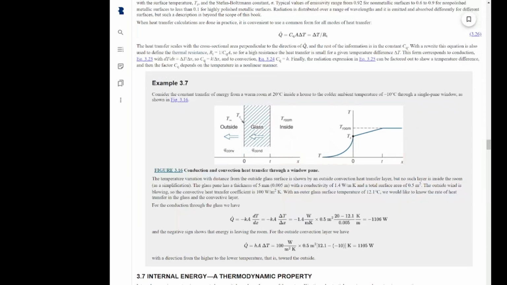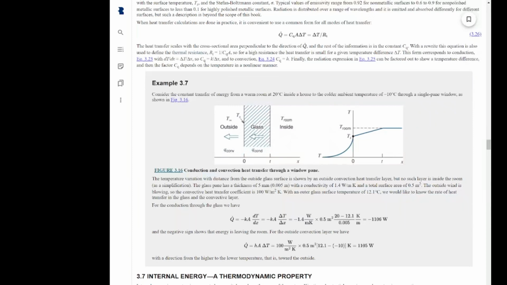And then from the outside convection layer, the rate at which heat is being transferred is just going to be H, which is given as 100 watts per meter squared K. Substituting that in, then the A, and then delta T as before, and this is in terms of Kelvin.